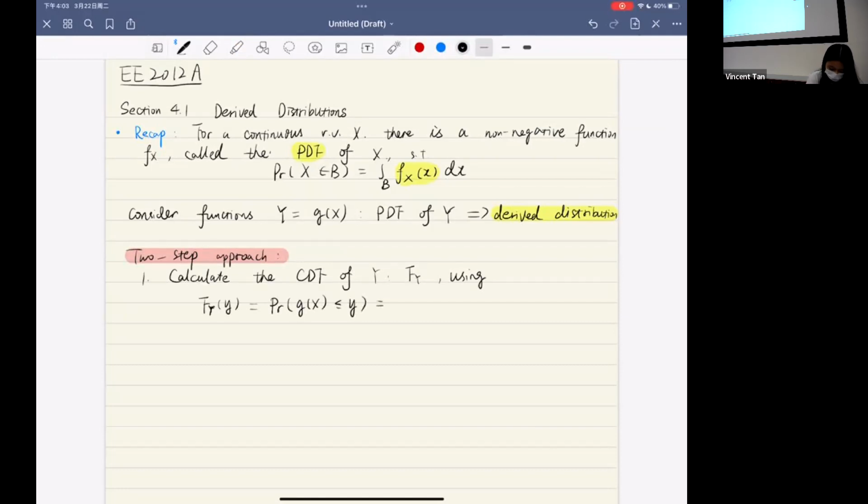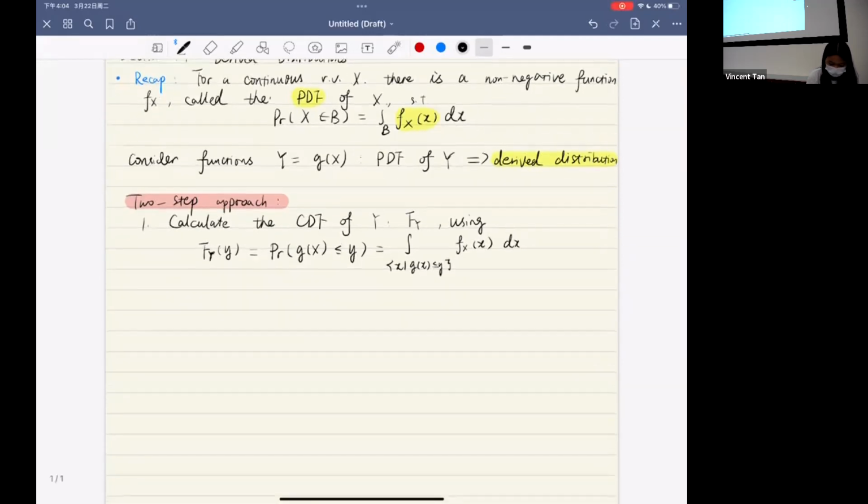This is just the definition of the CDF of Y, and since we already know the PDF of X, we can integrate over the PDF of X, and then we get this.